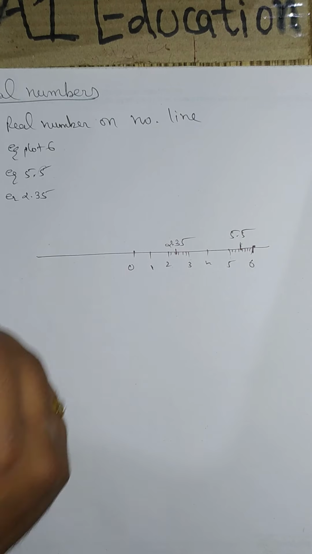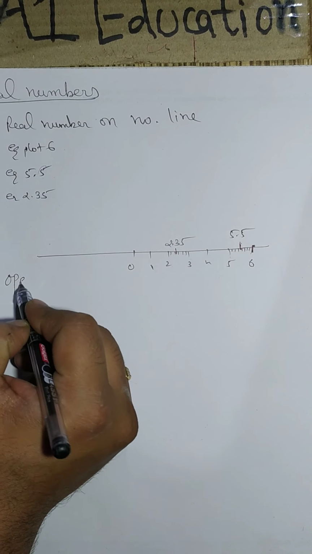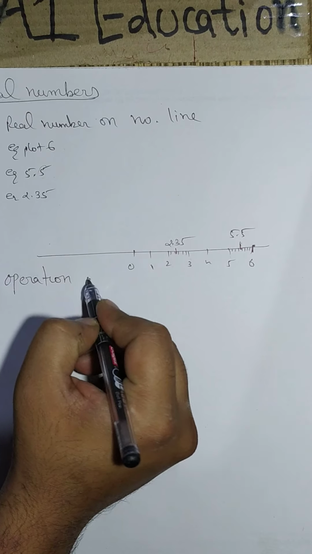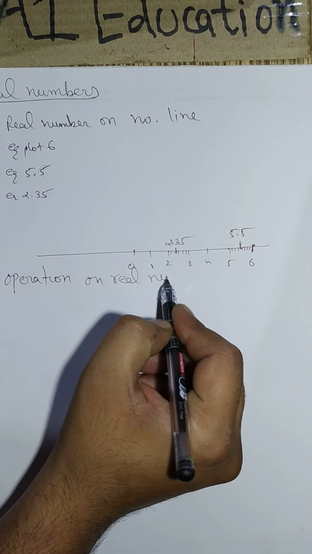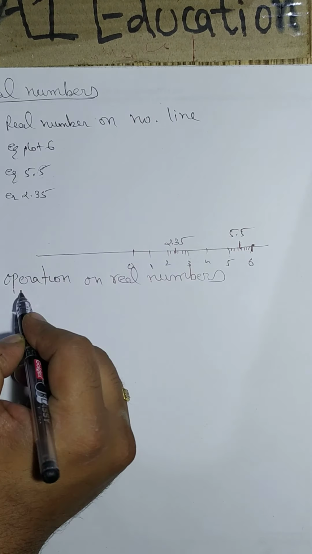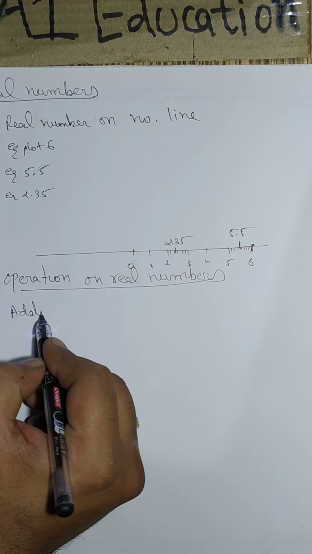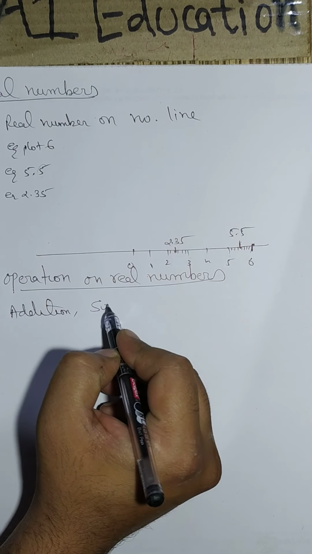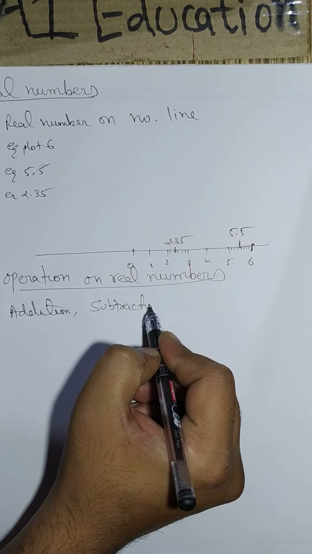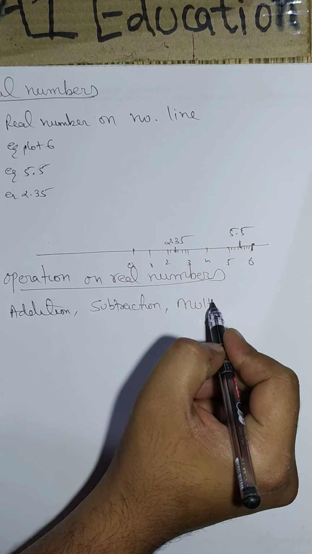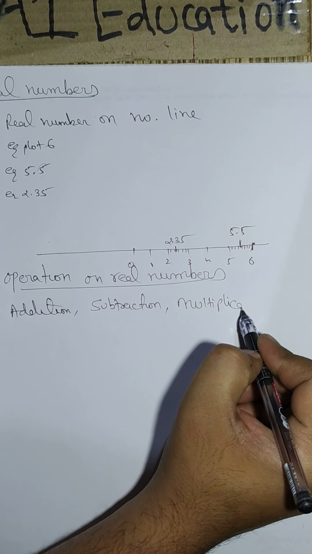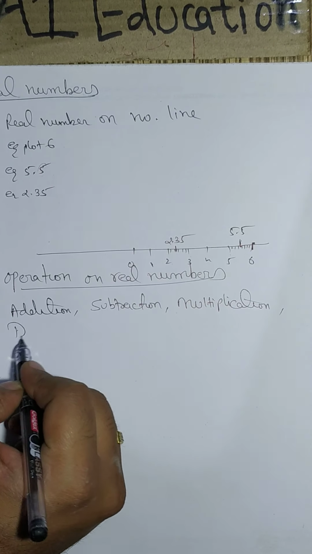Next we have operations on real numbers. Operations on real numbers include addition, subtraction, multiplication and division.